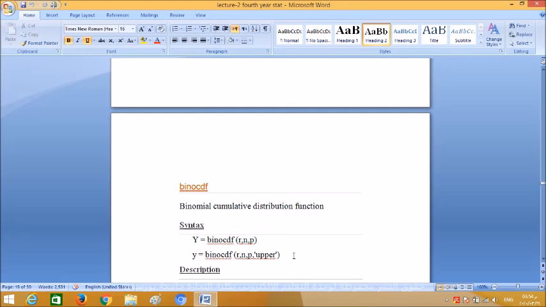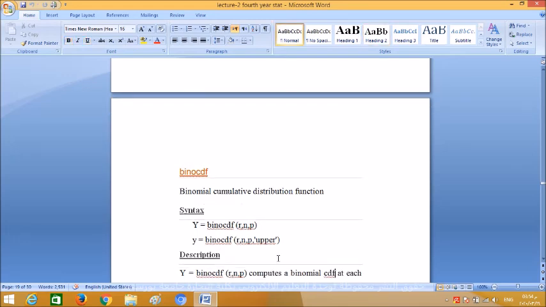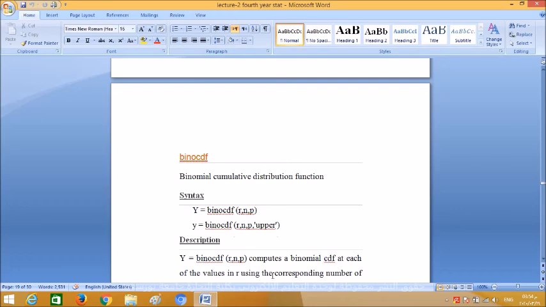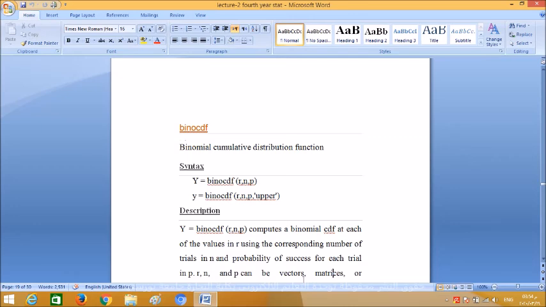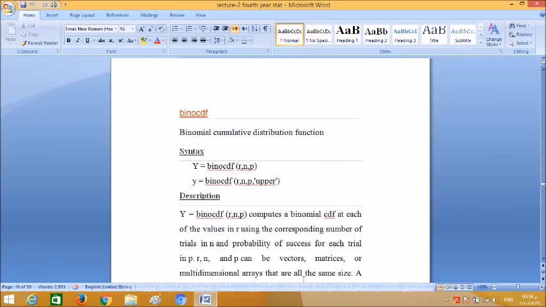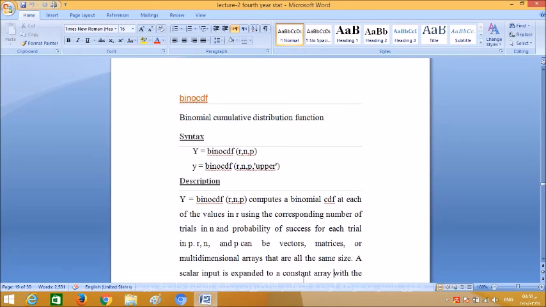The complement description. Binomial CDF R, N, and P computes a binomial CDF at each of the values in R using the corresponding number of trials in N and the probability of success for each trial, P. R, N, and P can be vectors, matrices, or multidimensional arrays that are all the same size.